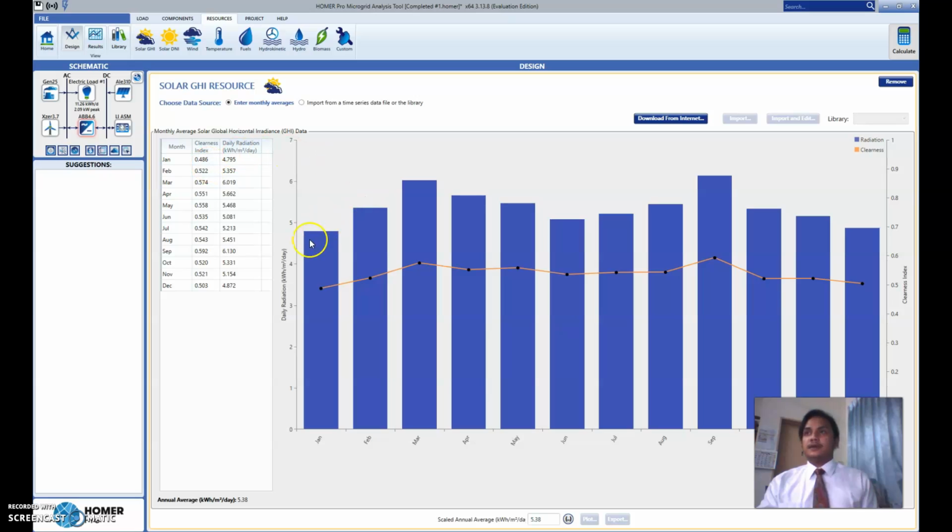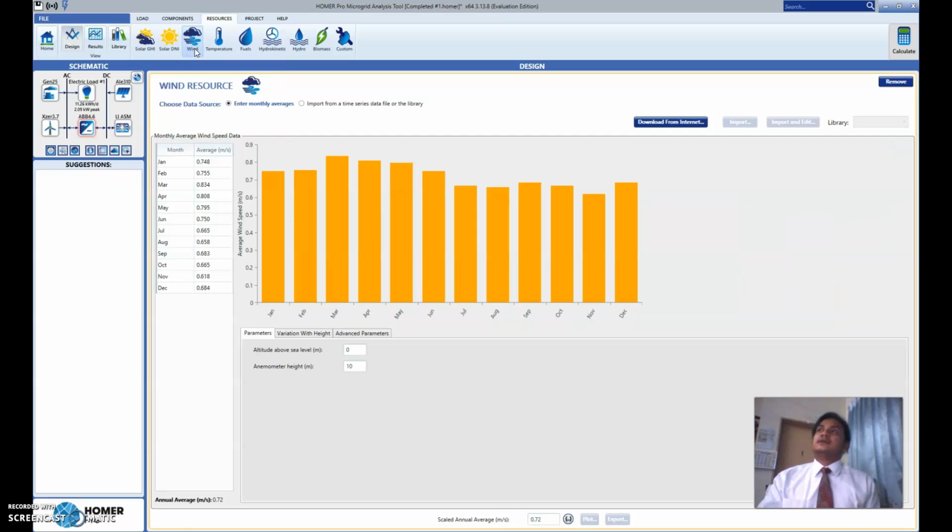Based on this graph, we can see that the highest daily radiation is in the month of September, and the lowest is in January. Next is the wind resource, where we find the data of the average wind speed.